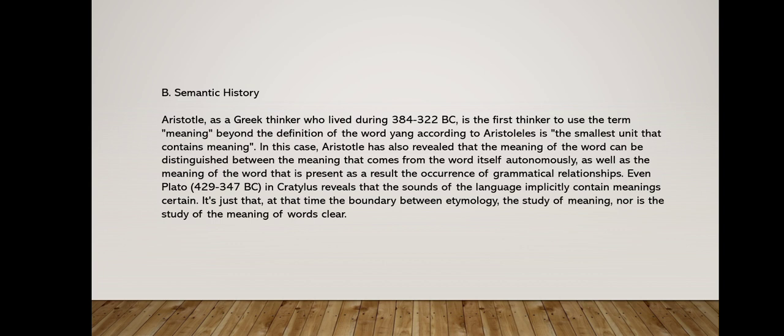In this case, Aristotle revealed that the meaning of a word can be distinguished between the meaning that comes from the word itself autonomously and the meaning of the word that is present as a result of grammatical relationship.